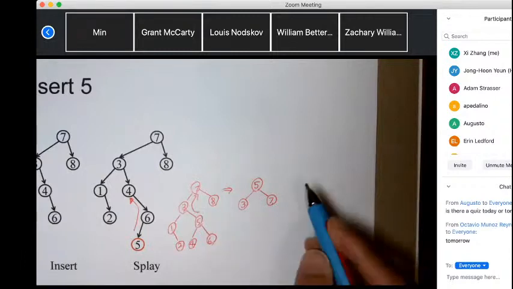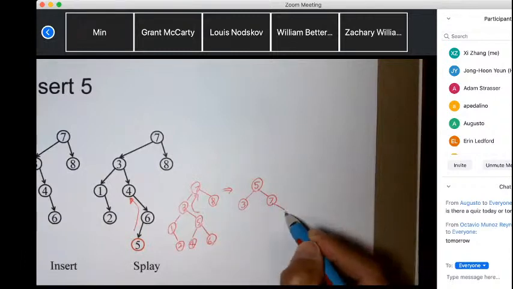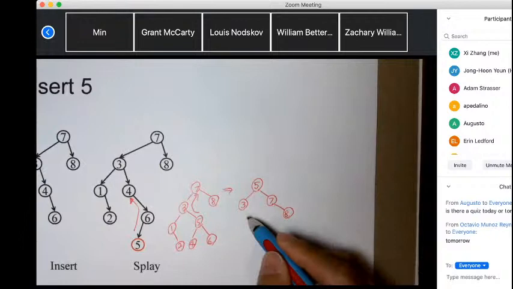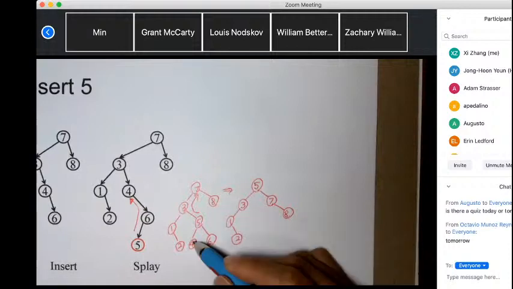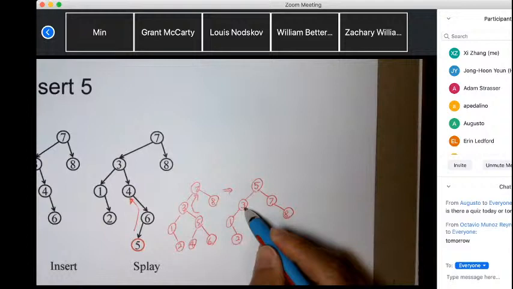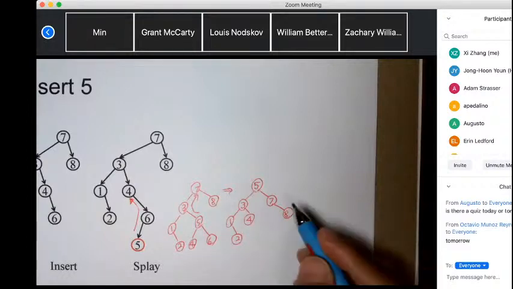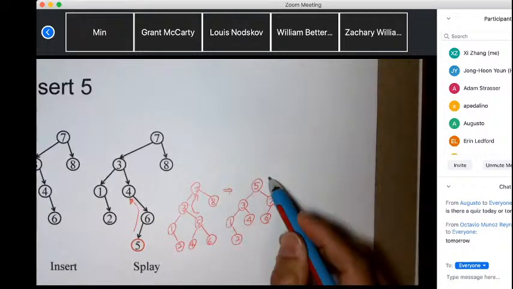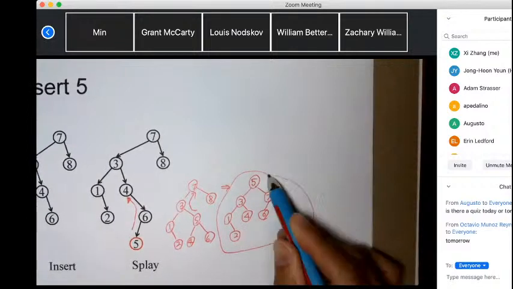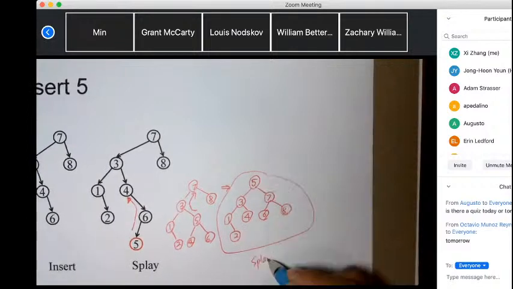And 8 stays with 7, and 3 will stay with 1 and 2, and 4, the only place it can go is right child of 3, and 6 becomes left child of 7. So that is the tree after splaying 5.